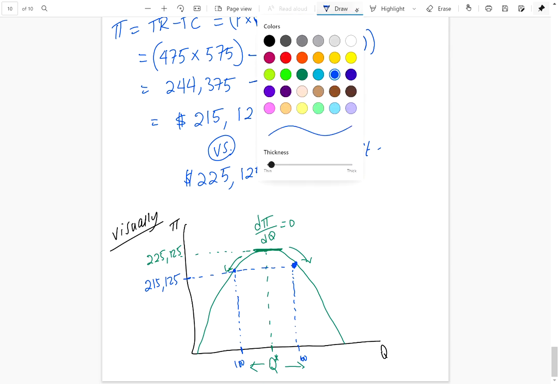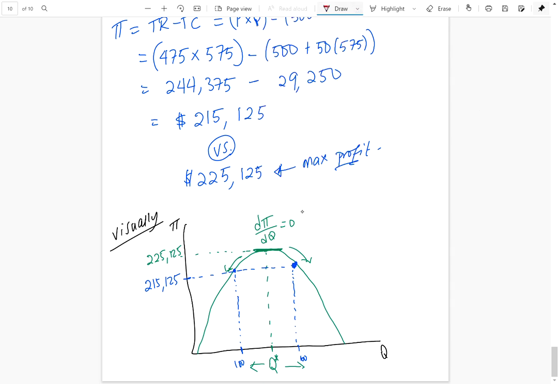Right? So now, why is this so special? Why is this term here, where the derivative is equal to 0? There is no way that we can increase profit after this quantity, is what this equation is telling us, right? So we're saying that the derivative of profit, remember profit is total revenue minus total cost, with respect to Q needs to be 0, right?